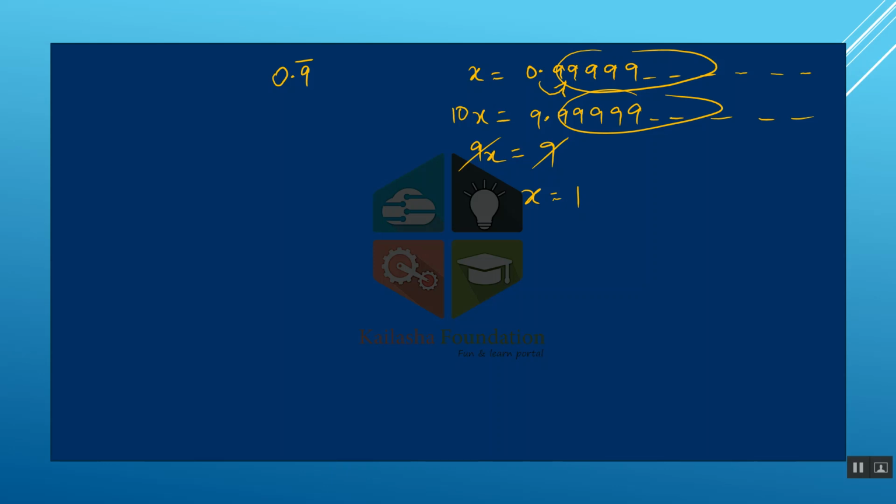Let us understand one thing: rational numbers and irrational numbers together make the set of real numbers, and in between two different real numbers you can insert as many real numbers as you wish. So let us take that 0.9 recurring and 1 are two different numbers.